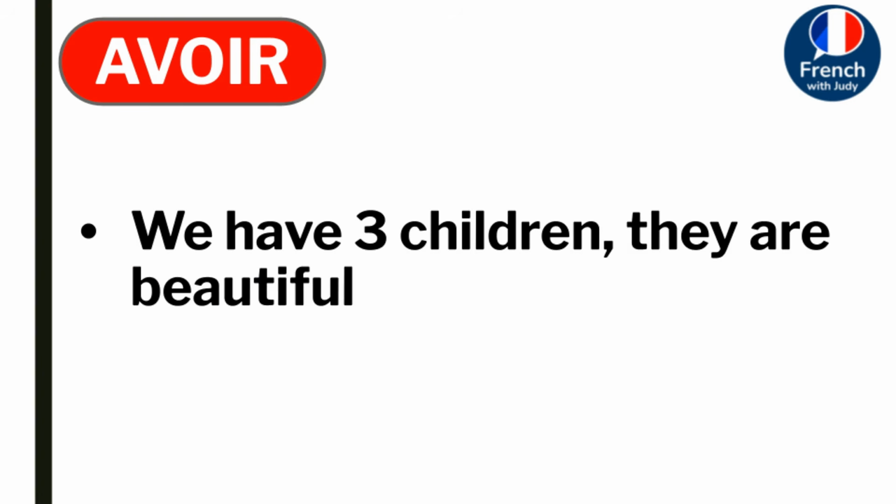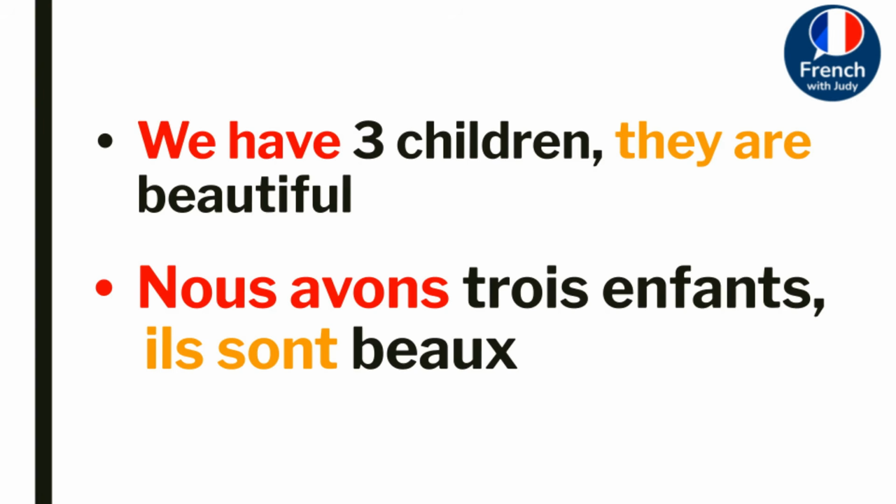Now, how to form this phrase? We have 3 children, they are beautiful. Take a moment to pause the video and reflect on your answer. Fantastic. Nous avons trois enfants.